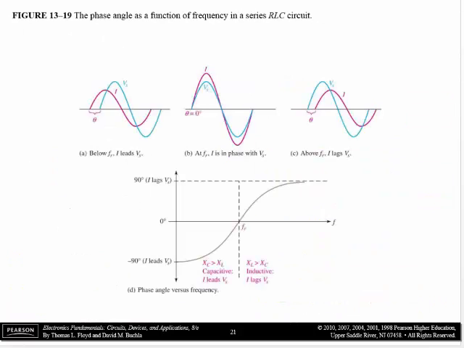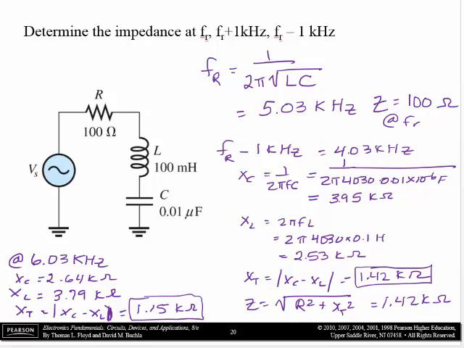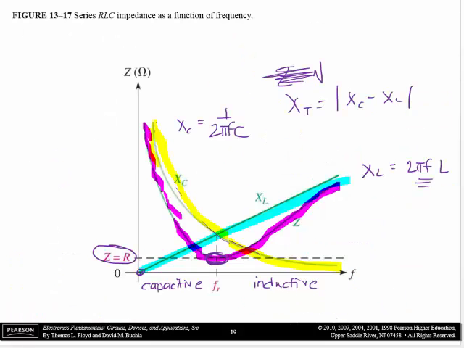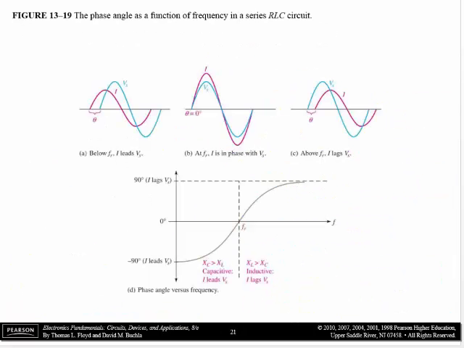Then you can compute the phase angle in each of these cases too. At the resonant frequency, the phase angle is 0, but above the resonant frequency, when you are inductive, the phase angle is a positive angle. This is VR.